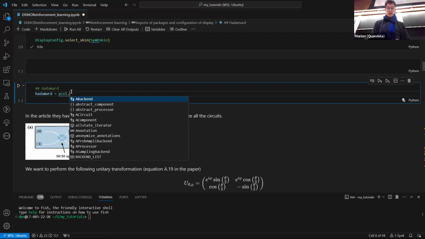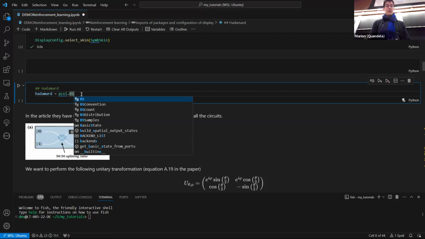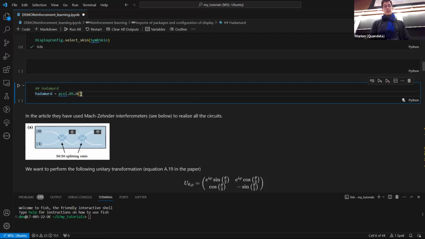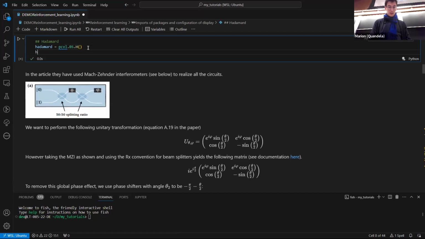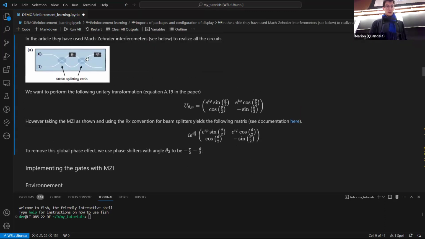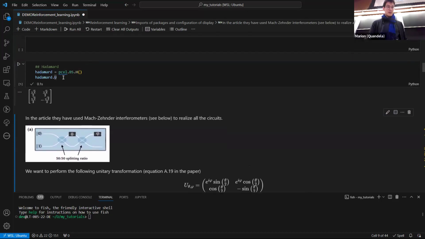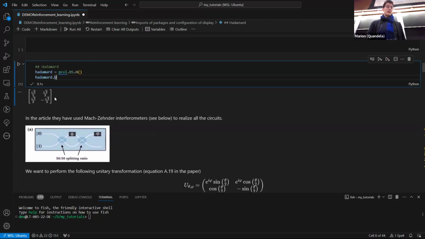I'm going to call a beam splitter BS, and I'm going to use a Hadamard convention. So that's going to be my Hadamard gate. And if I want to show you that I haven't cheated, and this is actually a Hadamard gate, I'm going to display the unitary with .u, and you see that it's actually a Hadamard gate.